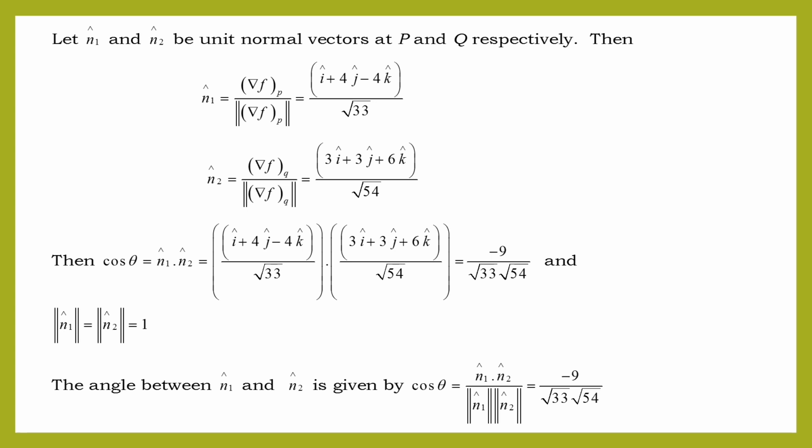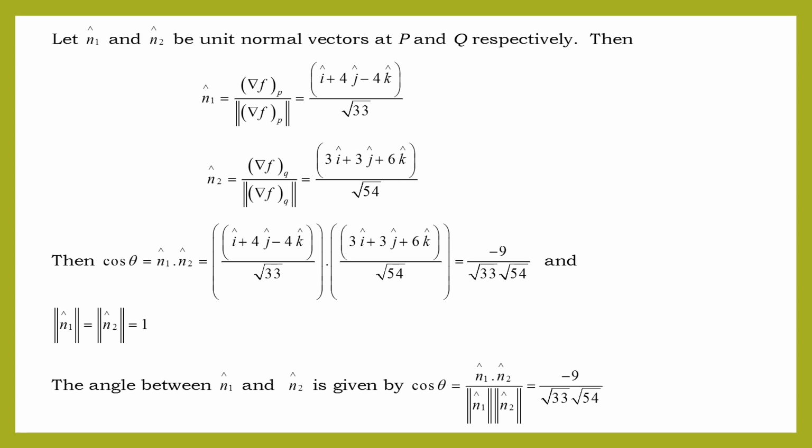But we want unit normals to the given surface at the given points. Let us suppose n1 cap denotes a unit normal to the given surface at the point P 4 comma 1 comma 2.